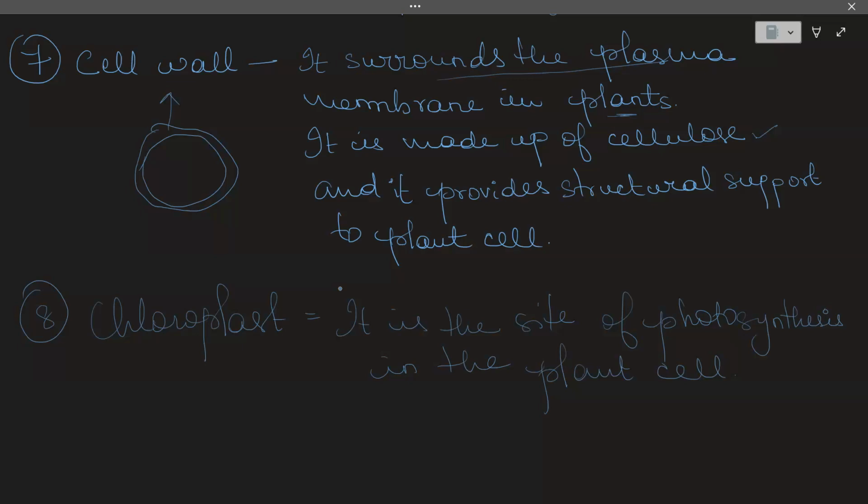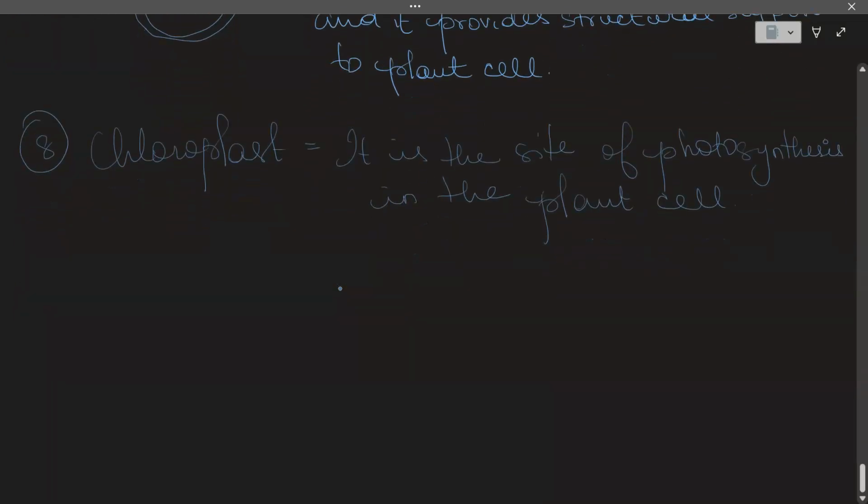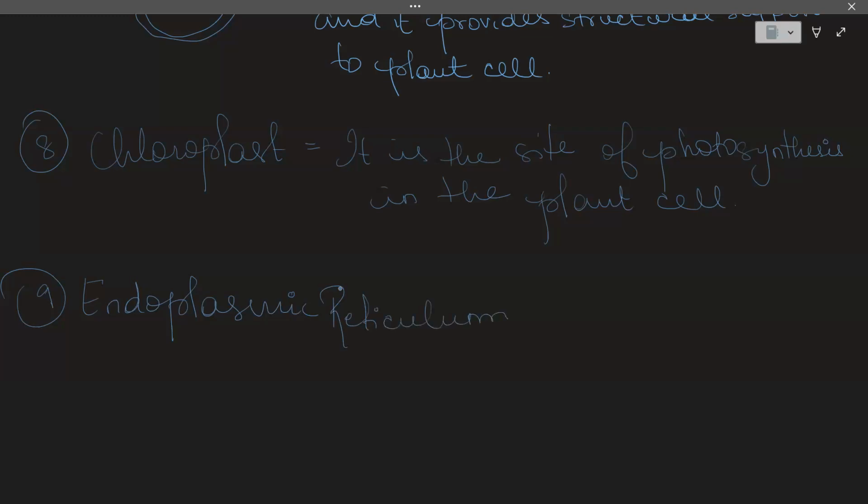Now, apart from that, there is a structure which is present in both plant cell and animal cell that is known as the endoplasmic reticulum. Endoplasmic reticulum is a network-like structure which is found in the cytoplasm.